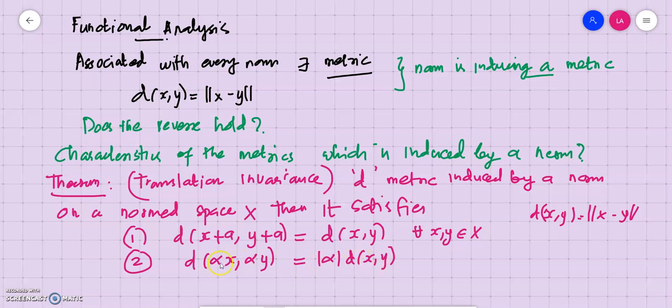That is, if you multiply the components by a constant alpha, the metric is multiplied by the modulus of that constant. This is what the theorem says.